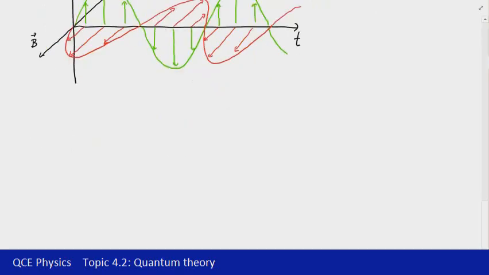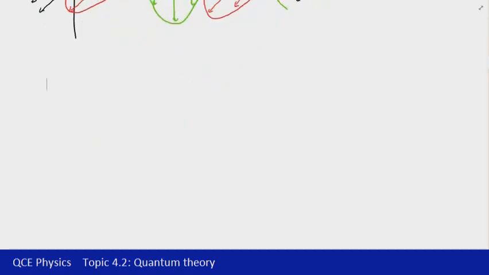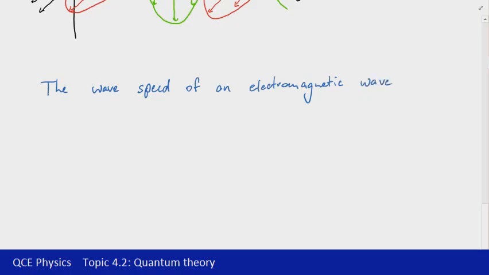Another important one to mention here as well is that the wave speed of an electromagnetic wave relates to the speed of light. And this is for any electromagnetic wave, so whether it's visible light or infrared, ultraviolet, X-rays, gamma rays, radio waves, and in particular we're going to deal with in a vacuum, as that's where it's the fastest.